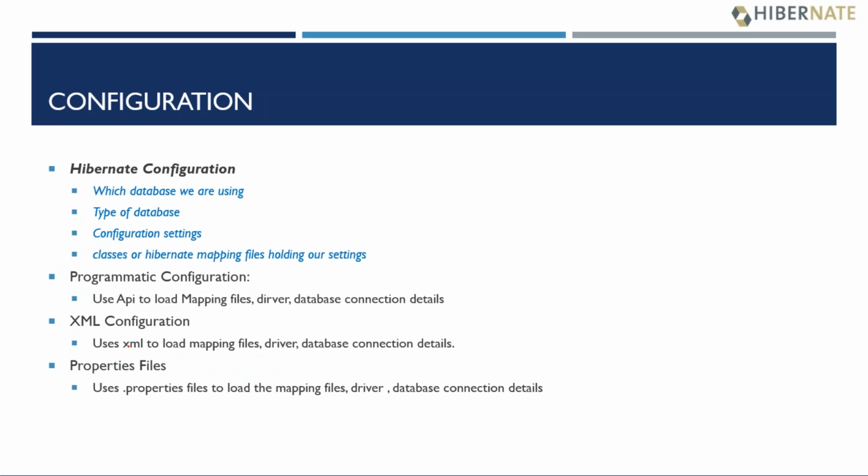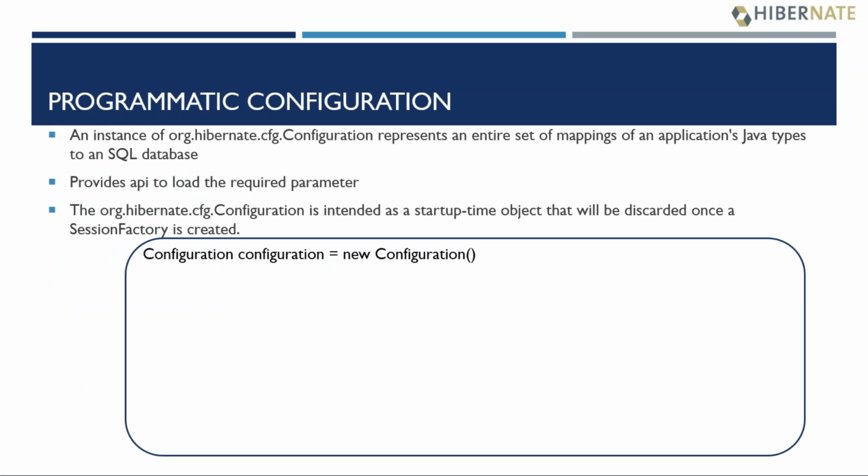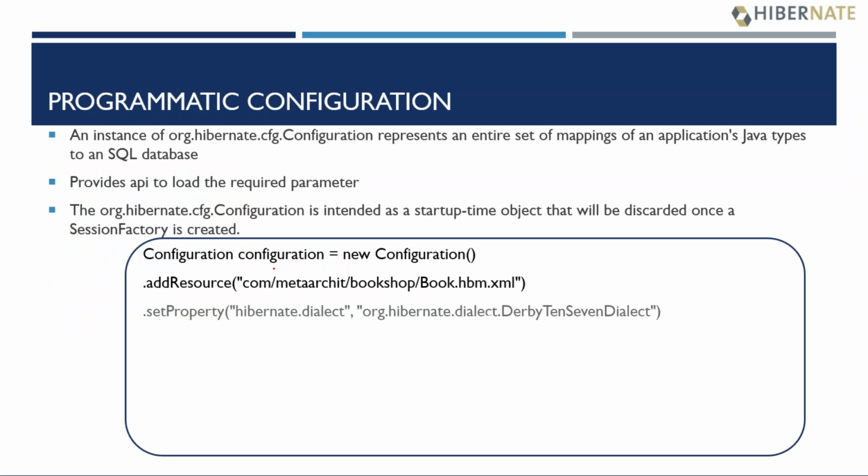So if you have to configure your Hibernate application, you can either go with the programmatic configuration or you can go with the XML configuration of properties. Most of the time you will be going with the XML configuration. In programmatic configuration, you will make use of a configuration object. To this configuration object, you will be adding all the properties.